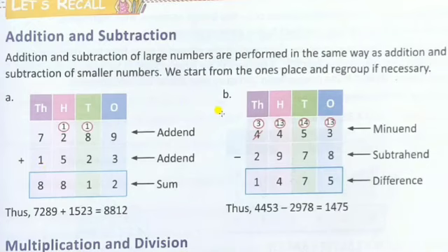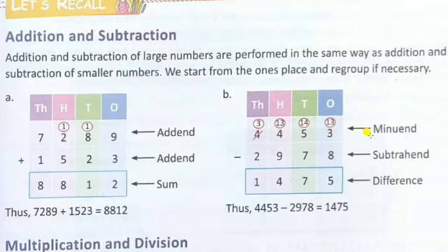Let us see the subtraction process. Again in subtraction also we follow the process from ones place. 3 minus 8. So again first we will see what these terms are in case of subtraction. The bigger number from which we are subtracting smaller numbers is known as minuend.